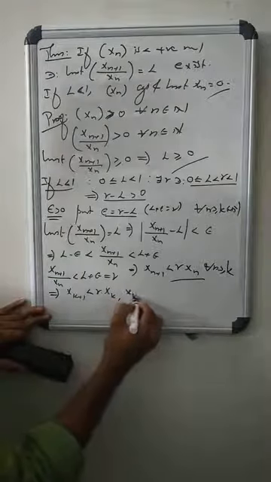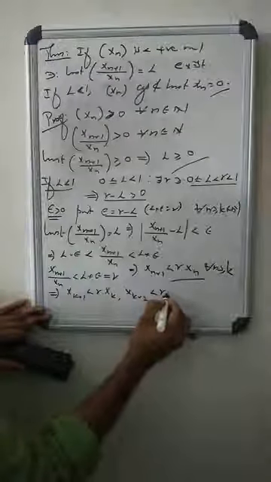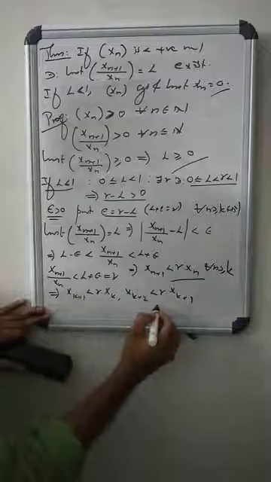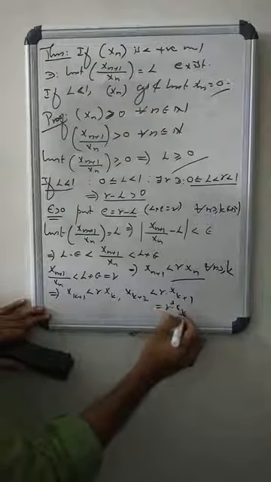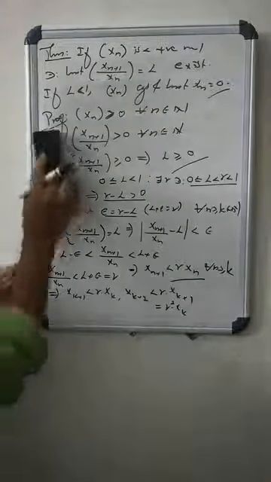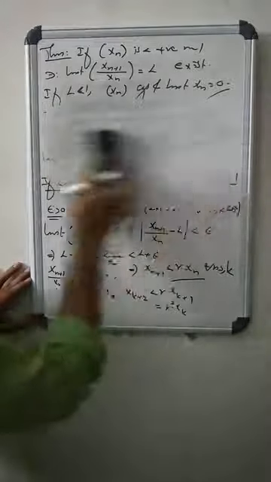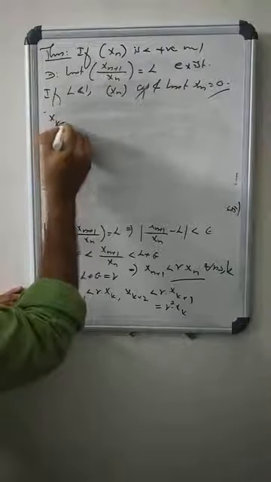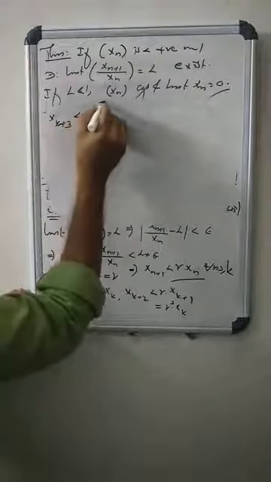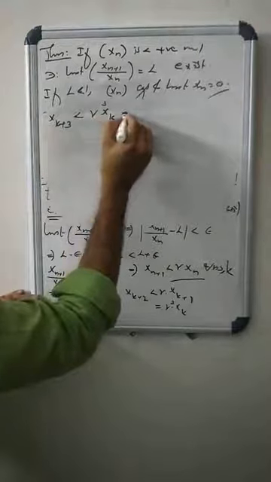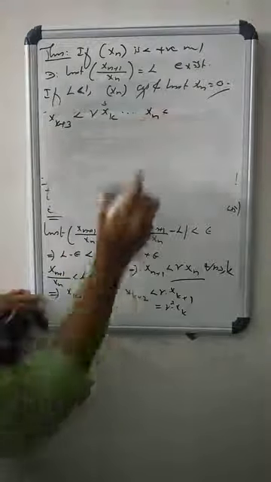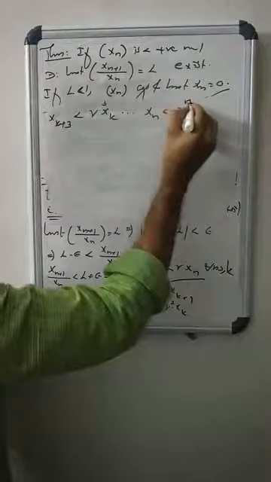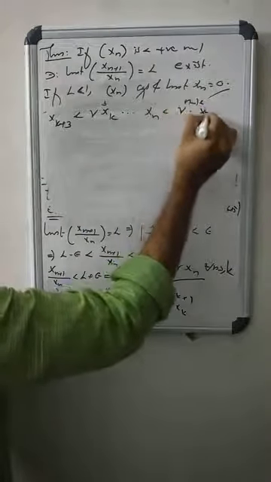What is x_{k+2}? x_{k+2} is strictly less than R times x_{k+1}, but x_{k+1} is strictly less than R times xk, so x_{k+2} is strictly less than R squared times xk. Therefore x_{k+3} is strictly less than R cubed times xk. Proceeding like this, xn is strictly less than R to the power n minus k times xk.